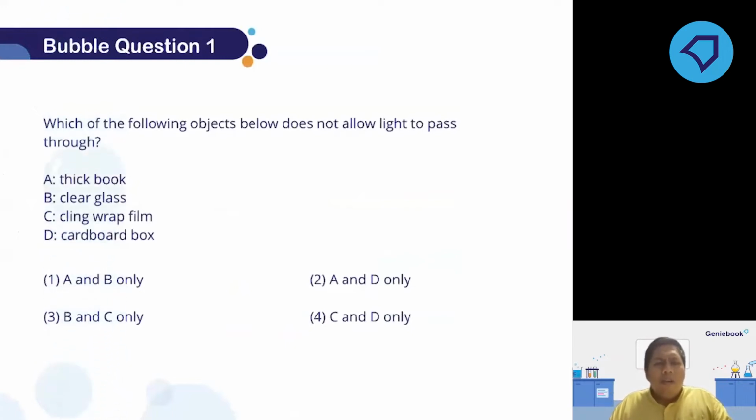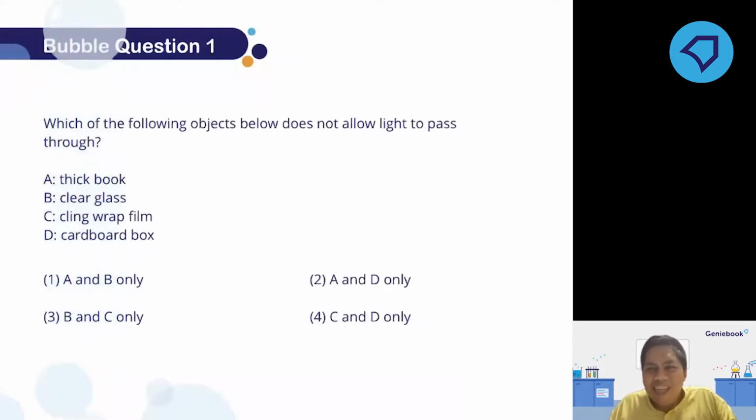For those whose bubble question is flickering, can you please refresh your browser? Or if you're not able to see it, please refresh and make sure you are not using the Zoom app. Make sure you're using the Geniebook app to do this. Read the options very carefully. Those who are still thinking, you have about 40 more seconds. Do not make careless mistakes.